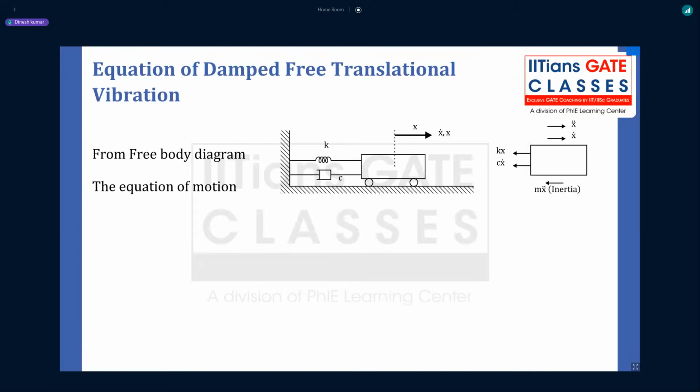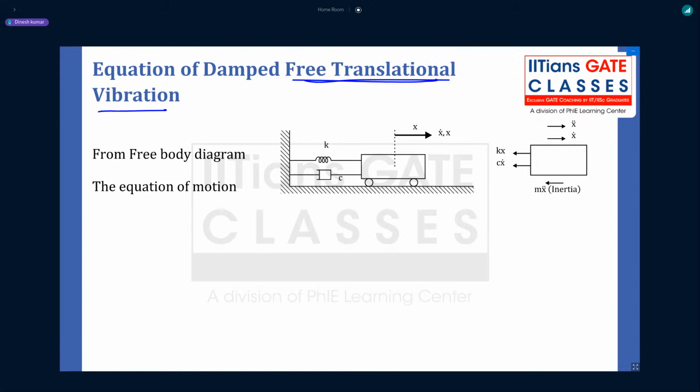Now guys, we can discuss next, which is very important: the equation of damped free translational vibration. Why have I written the word translational here? That is also very important. Most of the literature or teachers discuss in depth only the translational damping part, or damped free translational vibration.